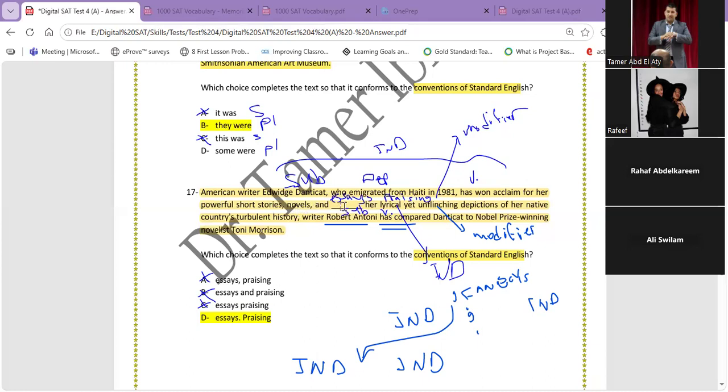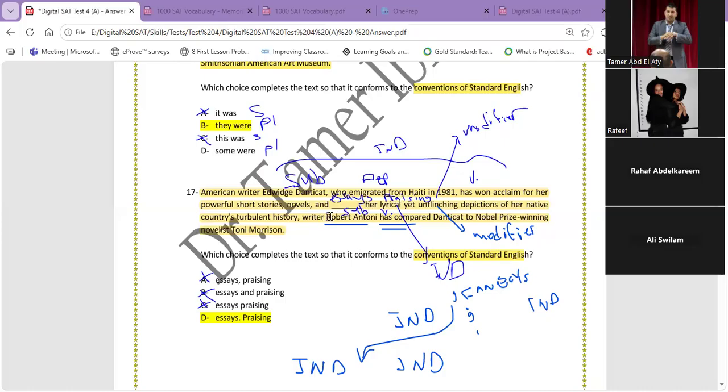Okay, till here, we can find that the sentence is done. Let's continue. Praising her lyrical yet unflinching depictions of her native country's turbulent history, comma. There is a comma. We put the comma if this is a modifier, and it can be a modifier.